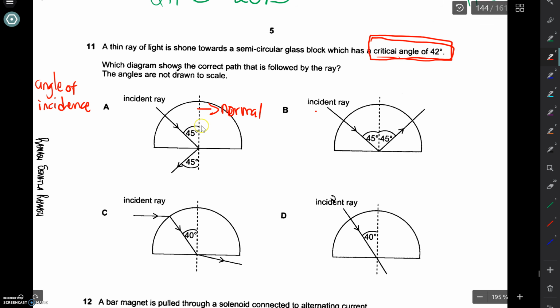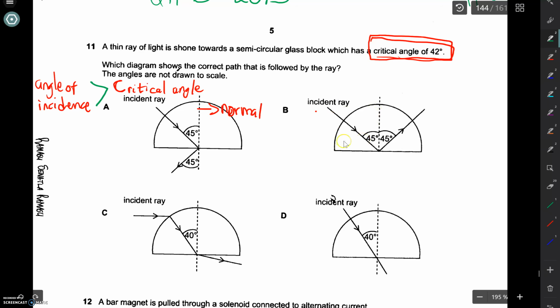If the angle of incidence is greater than the critical angle, then you will have total internal reflection.